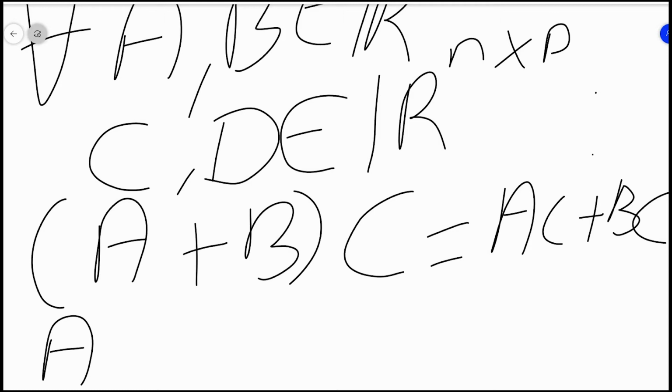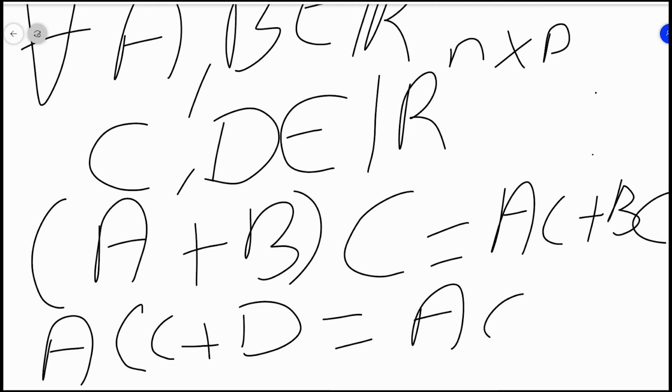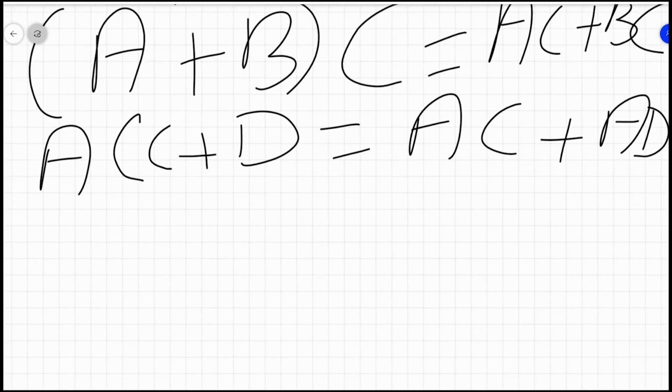Now we are doing distributivity. So A into (C plus D) is equal to AC plus AD. If you are in Nigeria, you know a political party called AD. I think they still exist actually.